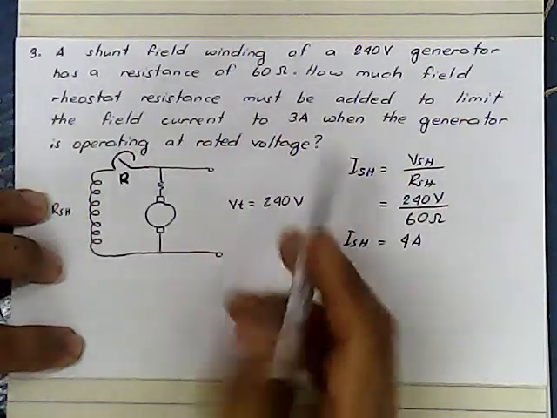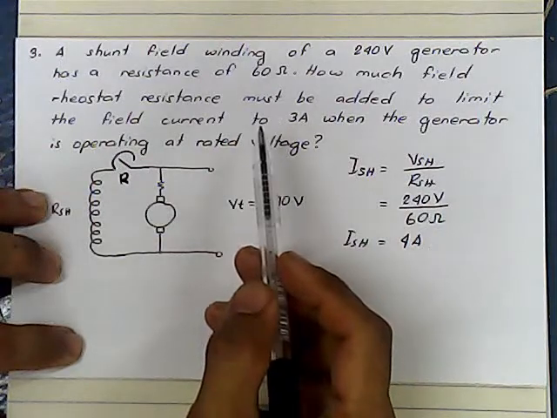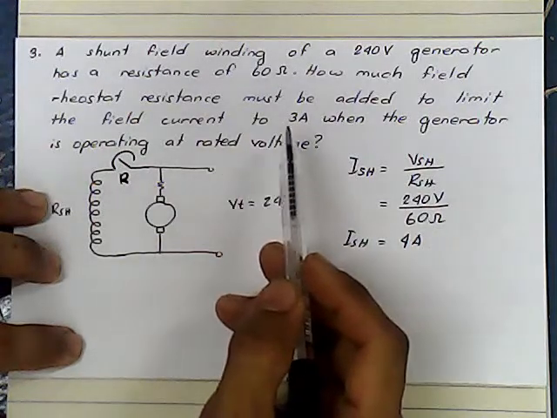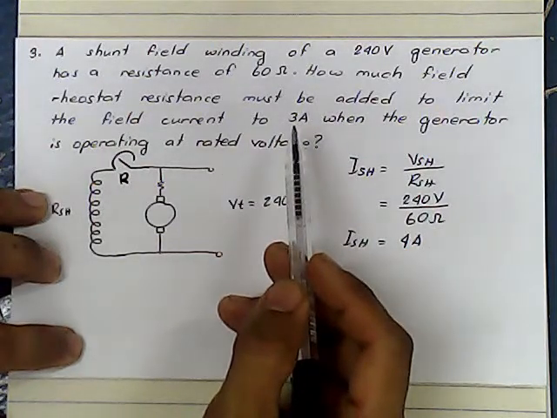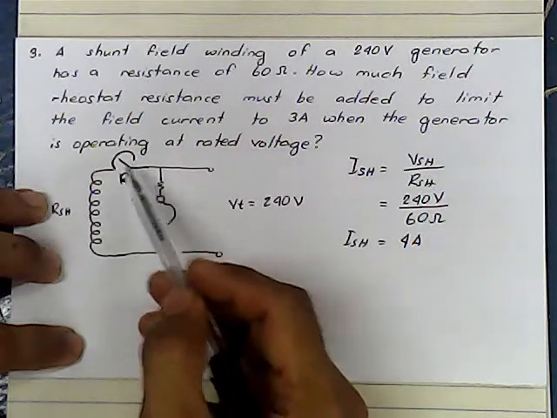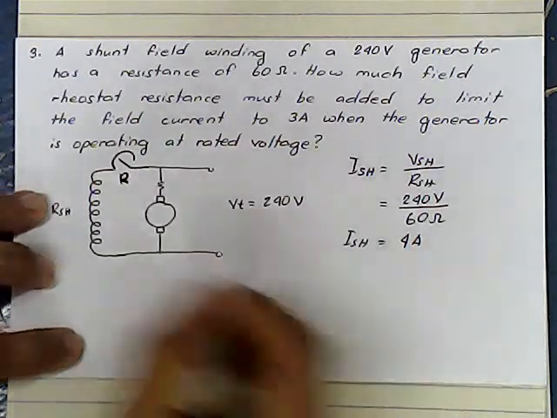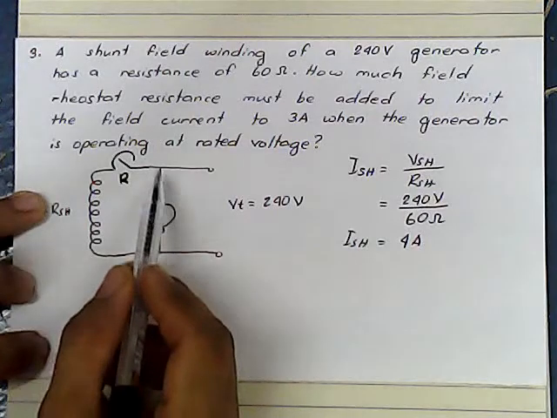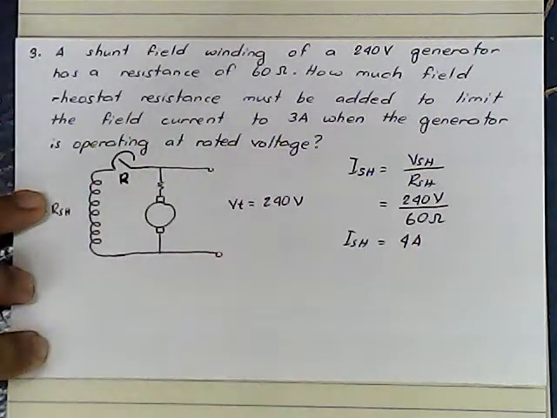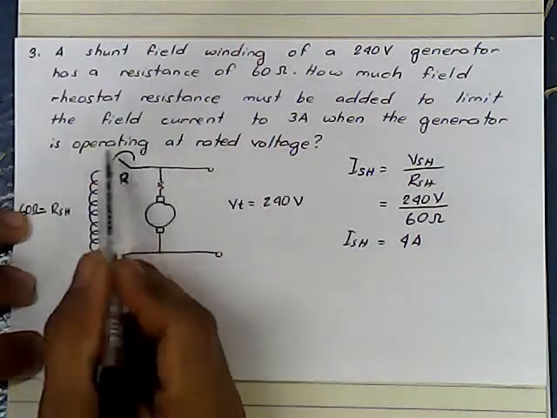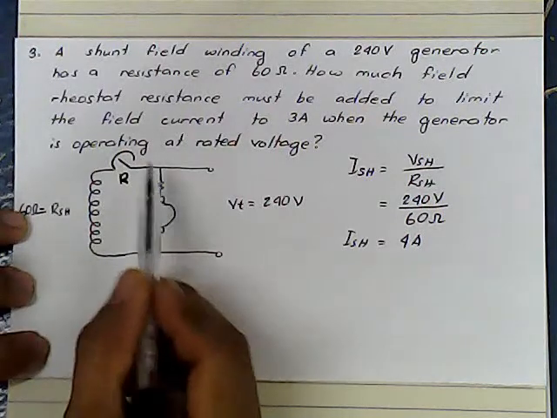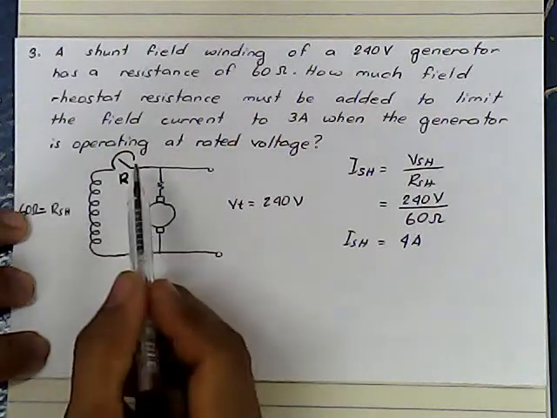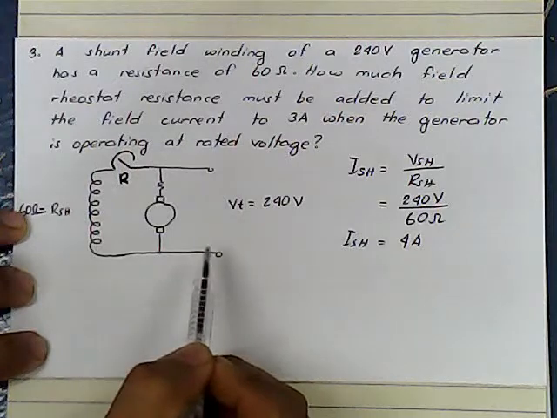Ngunit sa problem kasi natin, kinakailangan nating ilimit yung field current to 3 amperes. So in order to do that, kinakailangan nating magdagdag ng resistance dito. Kung titignan natin yung circuit dito, this is connected into series and in parallel with the terminal voltage.